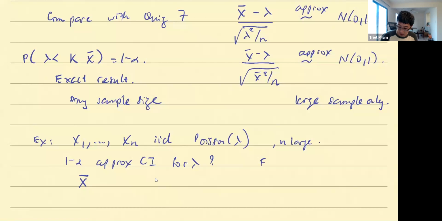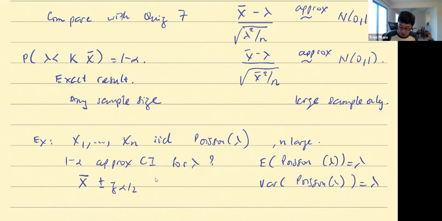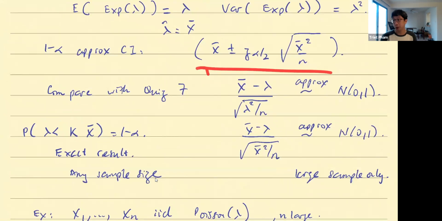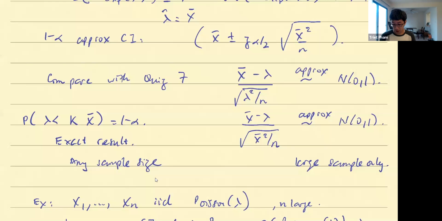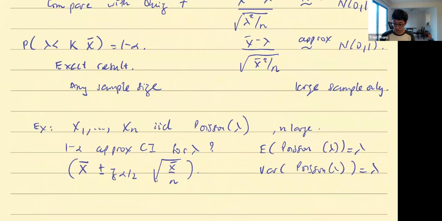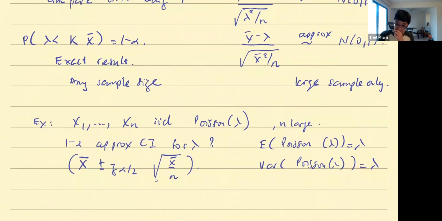Well, okay. What's the expectation of Poisson lambda? Expectation of Poisson lambda is lambda. Variance of Poisson lambda is lambda. So the approximate confidence interval should be x bar plus minus z alpha over 2, square root of x bar over n. Notice, not the same as the exponential because of the difference in the variance structure. But otherwise, things are pretty much the same.